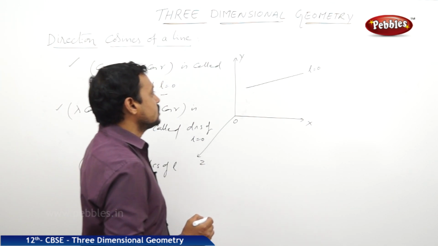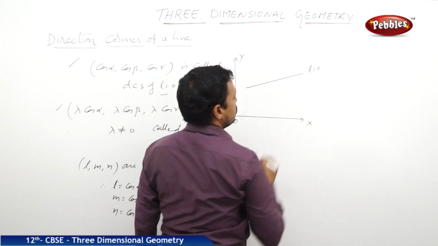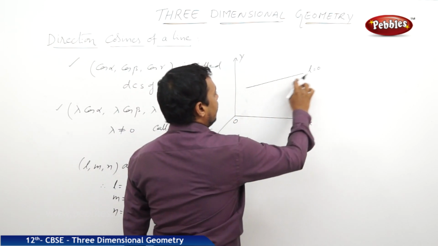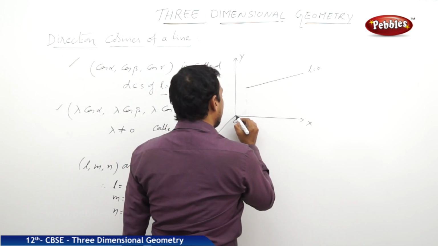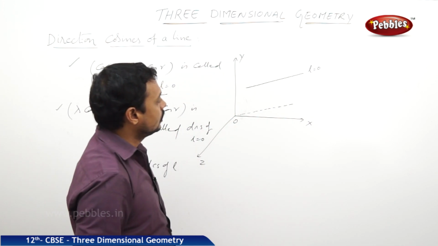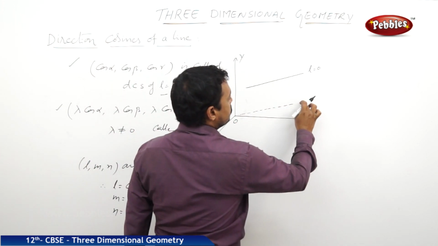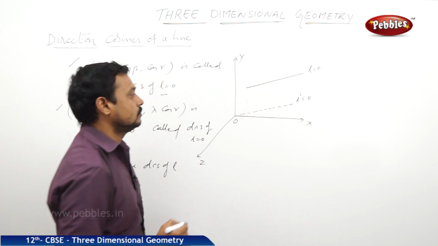Now, suppose I consider the line L equal to 0 like this. We can take a line which is parallel to L equal to 0 and passing through the origin. So, consider a line parallel to L equal to 0, let it be some L dash equal to 0.